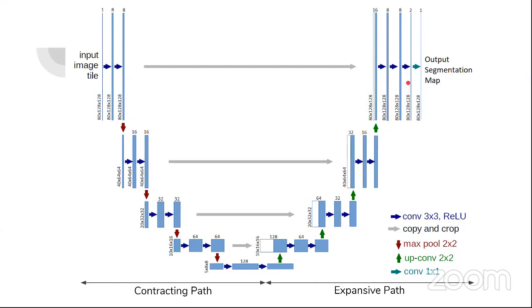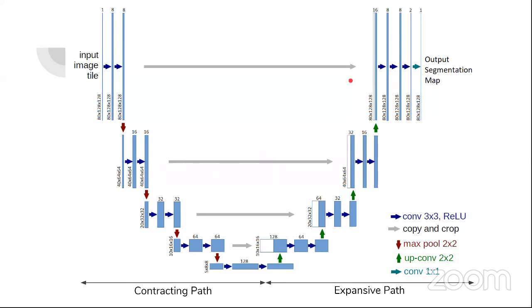After upsampling, the 3D image is concatenated with the corresponding 3D image from the contracting path to combine the information from the previous layers to get more precise predictions.